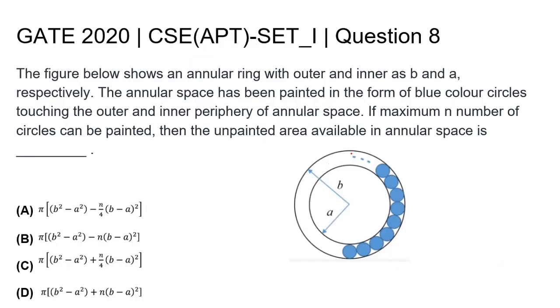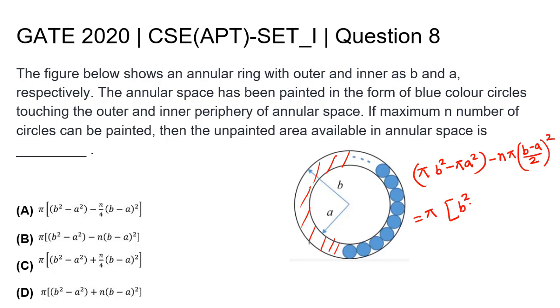Let's look back at the problem now. In the previous slide, we have got this unpainted area as pi b square minus pi a square minus n pi (b minus a) by 2 whole square.